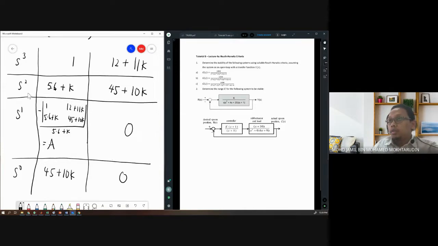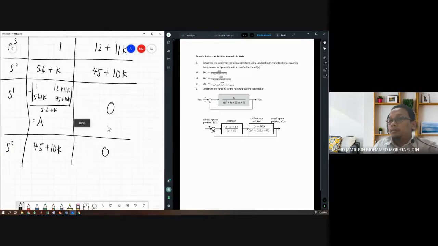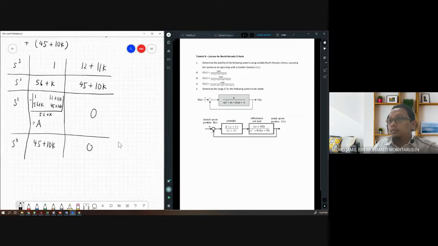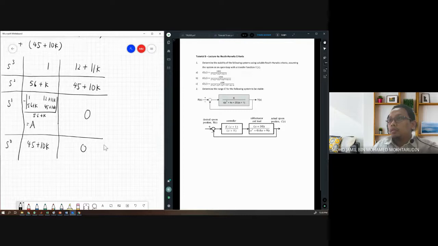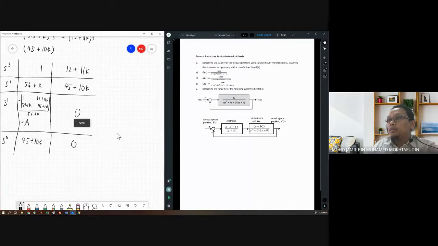So we start with s squared: 5.6 plus K must be positive for a stable system.